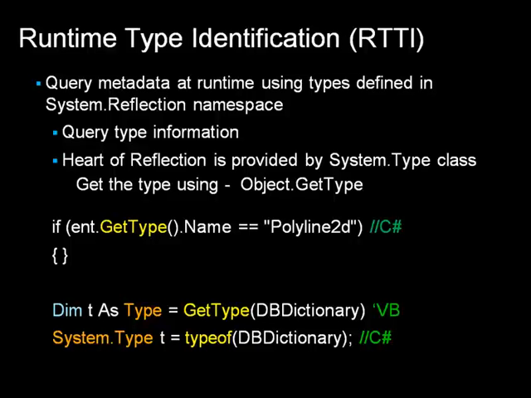In this C# example, GetType and the Name property are used to find out if the entity is a Polyline2d. In VB, there is also a GetType function, and the equivalent in C# is the typeof operator. You will use these functions to ensure your code is working on the right type of entity.